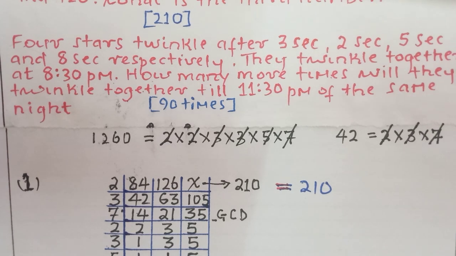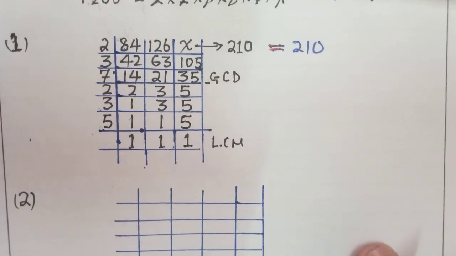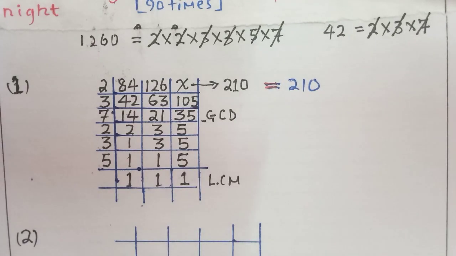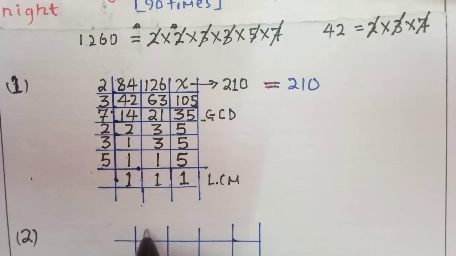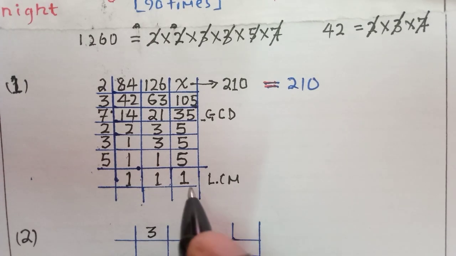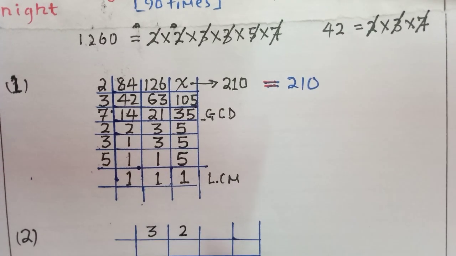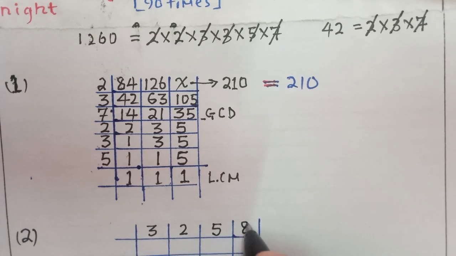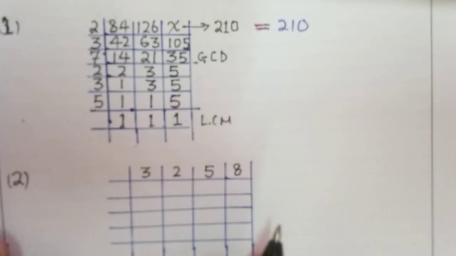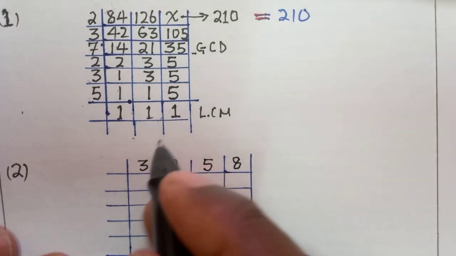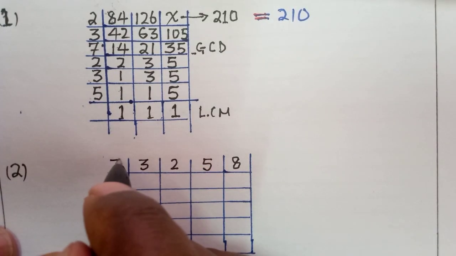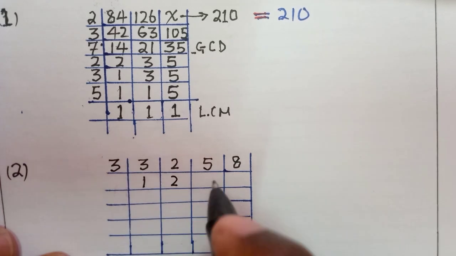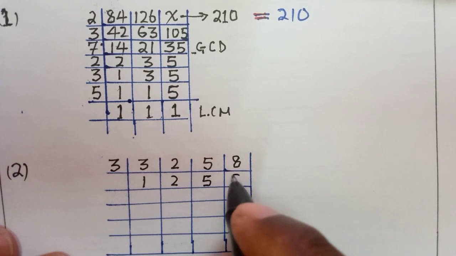So I will write like this, guys. I'll come here and say, I'll put my 3 here. We have 2 seconds there. We have 5 and we have 8. So we look for the LCM of those numbers. So if we divide by 3 here, we shall get 1 there, 2, 5, and 8.